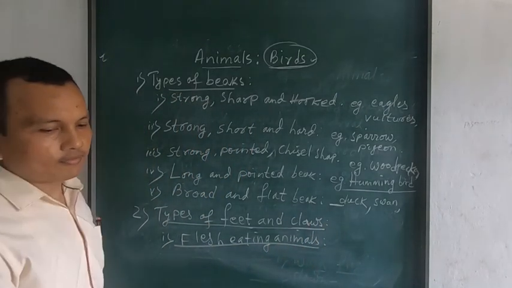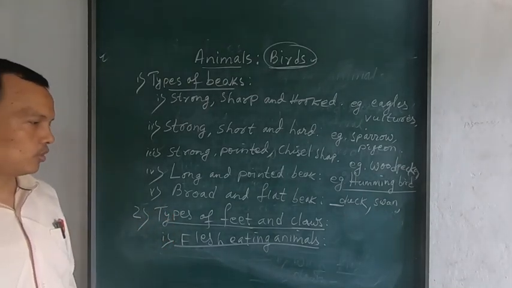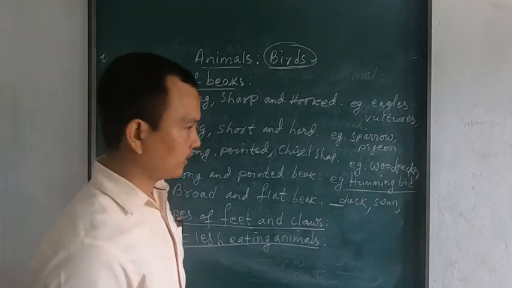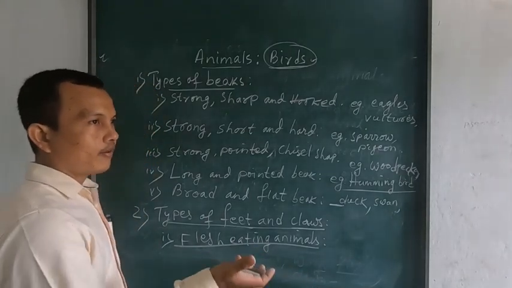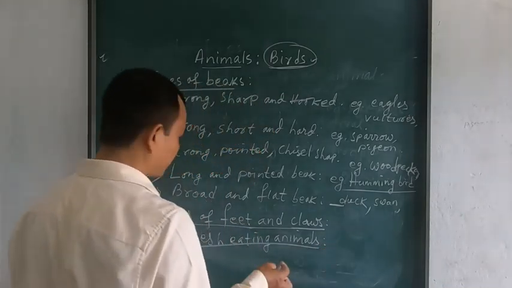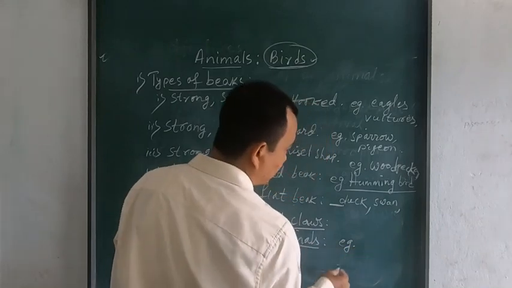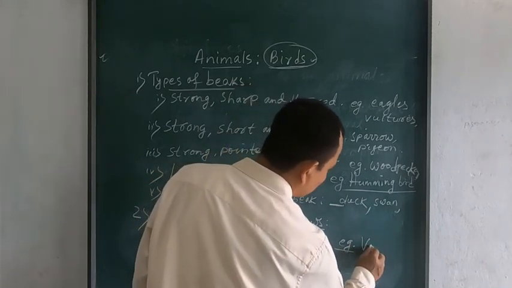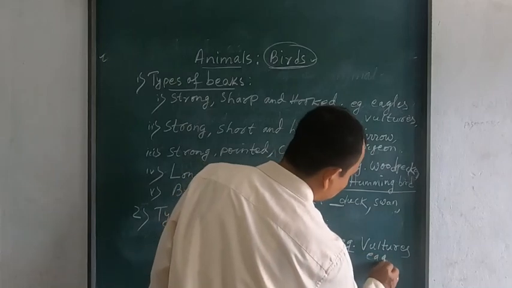They usually have sharp claws to catch their prey, the living prey, small rats it may be, or rabbits. To cite an example, we can mention vultures or eagles.